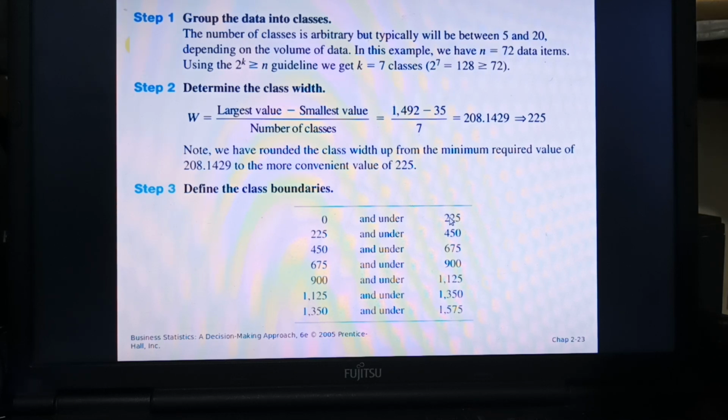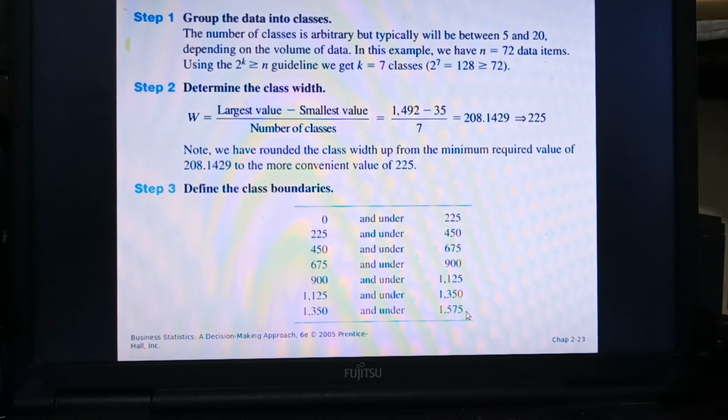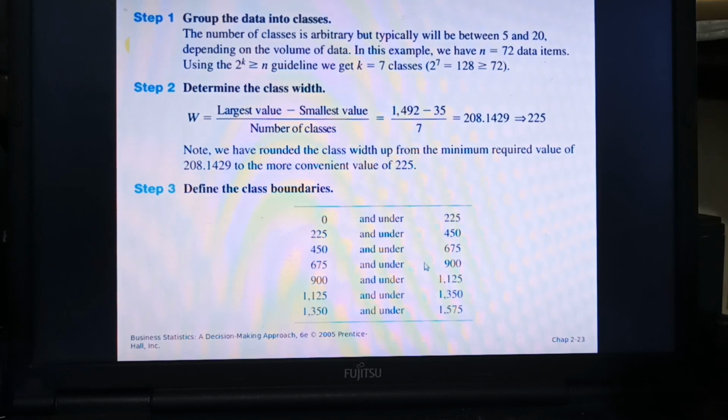You add 225 to this, and another 225, another 225, and you get the idea. So your range would actually include a higher number than the highest data, and that's okay because that's a range.